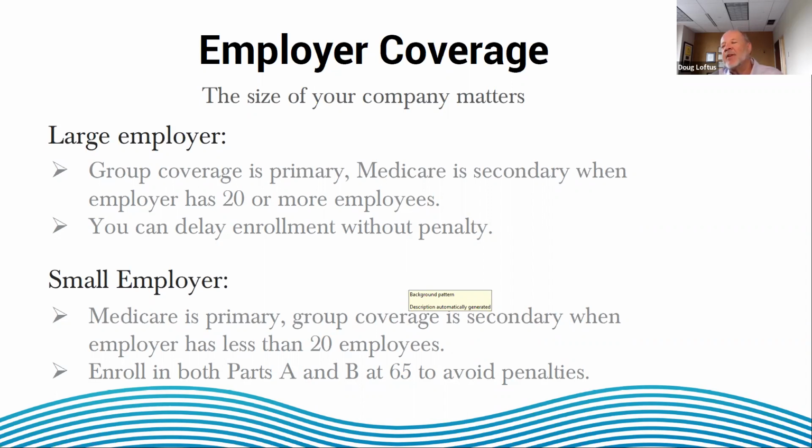If you're in a plan from an employer who has 19 or fewer employees covered under the plan, then that does not count. Private insurance, COBRA, even if it's COBRA from a large group plan, does not count as creditable coverage. And anything that you get privately through the ACA or healthcare.gov, Obamacare, that doesn't count.